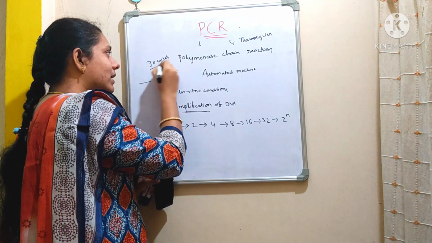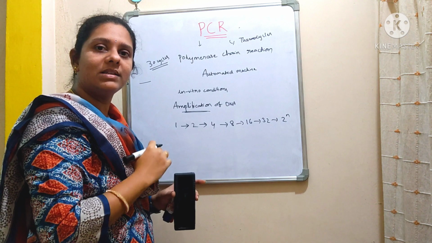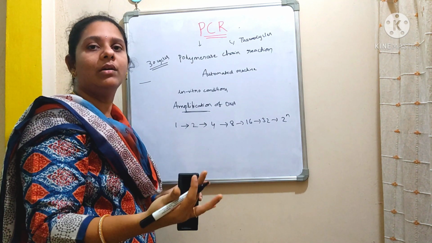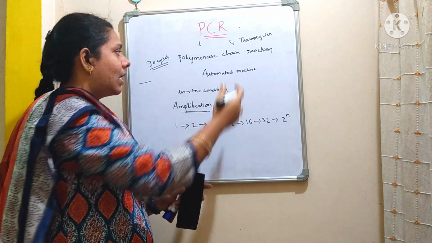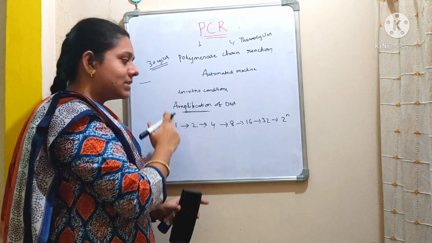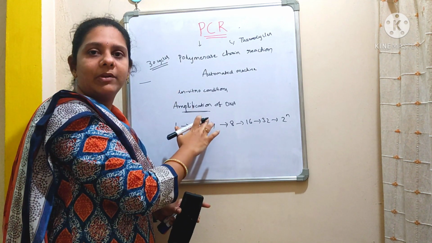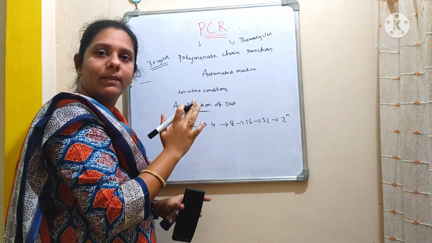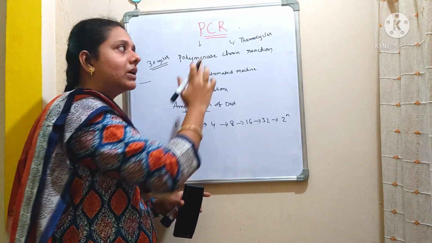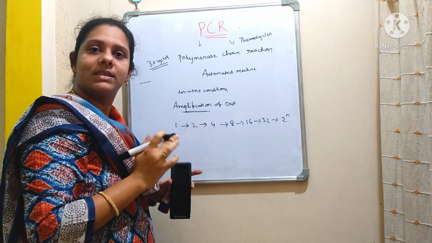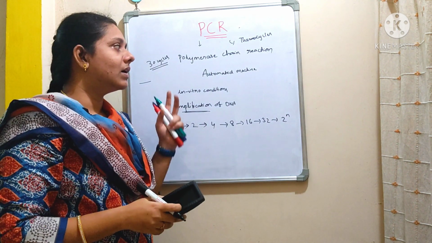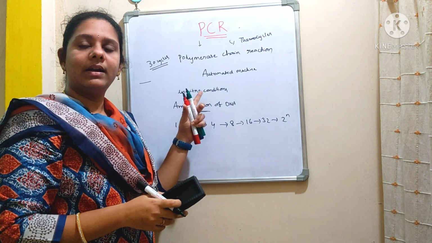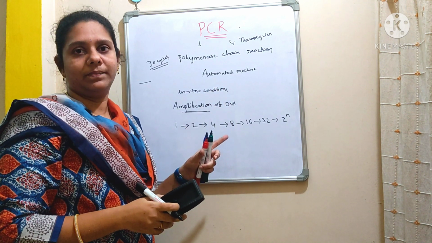So what can we expect at the end of 30 cycles? We can expect billions of copies of DNA, and that we call amplification of DNA, which is achieved with the help of an automated machine called PCR, which we can also call a thermocycler. And by this technique rapid cloning can be achieved.